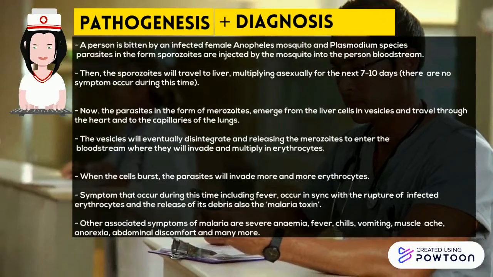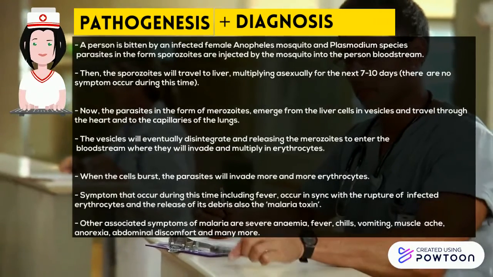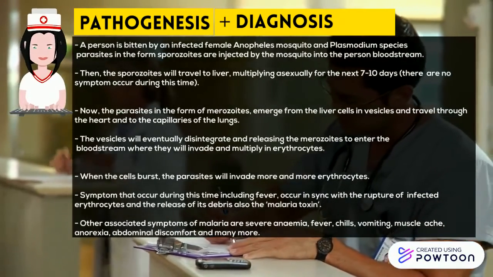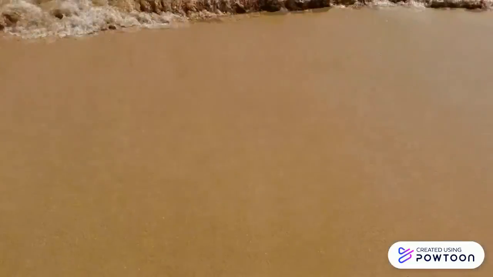The symptoms that occur during this time, including fever, occur in sync with the rupture of infected erythrocytes and the release of debris, also the malaria toxin. The other associated symptoms of malaria are severe anemia, fever, chills, vomiting, muscle ache, anorexia, abdominal discomfort, and many more.